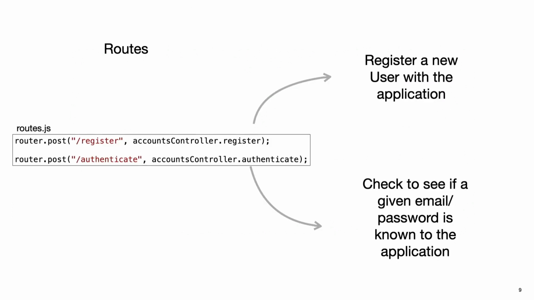Well, in accounts register, we'll be registering our new user. We don't necessarily need to get into cookies there. But for authenticate, this is where we will be creating a cookie, and this cookie will hold the session for the current interaction. That is, allow us to know who is logged in and track that user across interactions with our application.